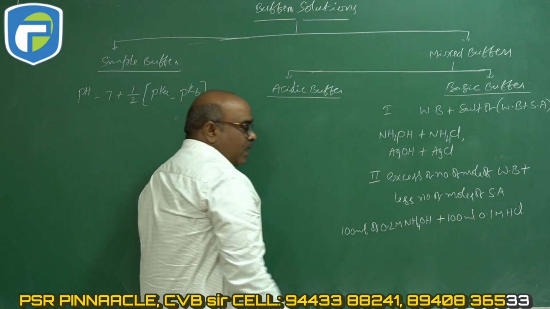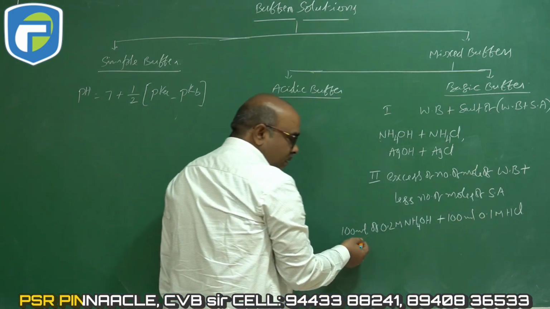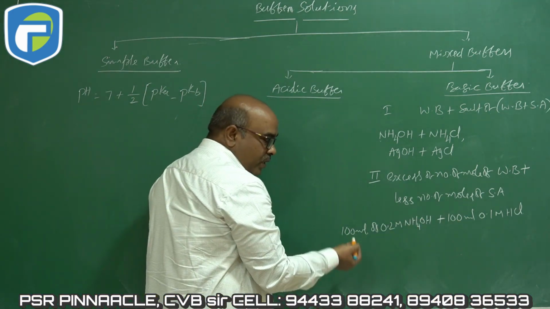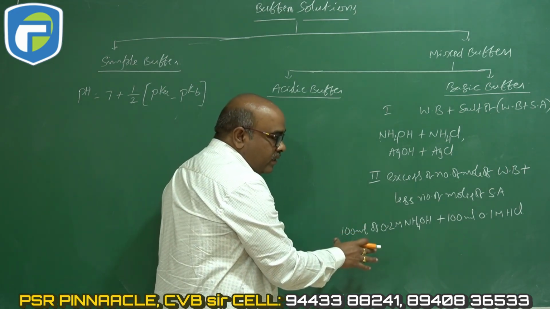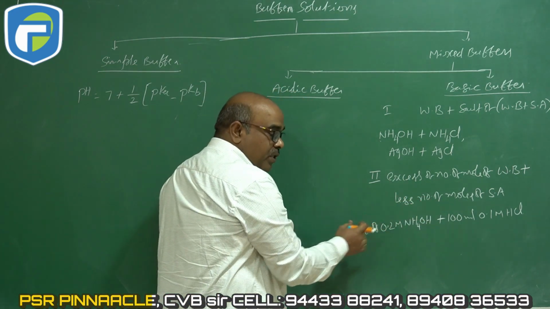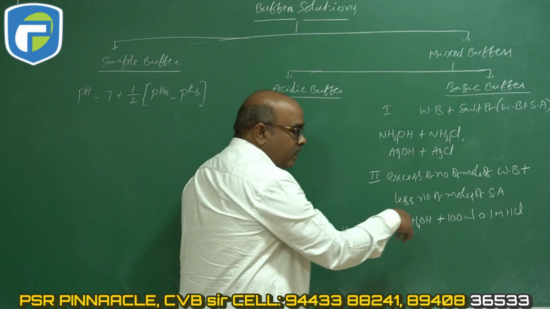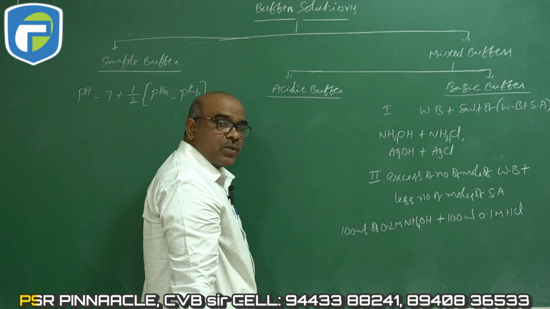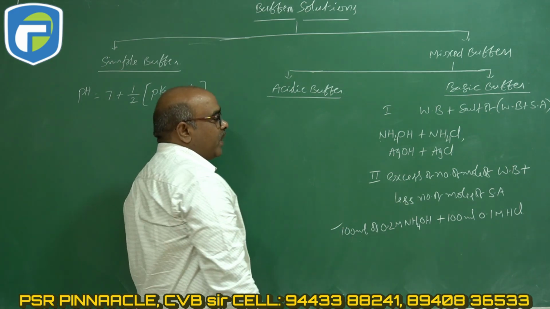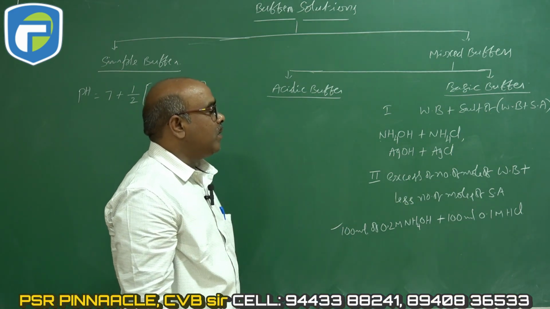The 10 millimoles neutralizes 10 millimoles of weak base to form a salt. So the solution contains weak base and its salt with strong acid, so it can act as a buffer. This is another method to prepare a buffer. So this is a basic buffer.